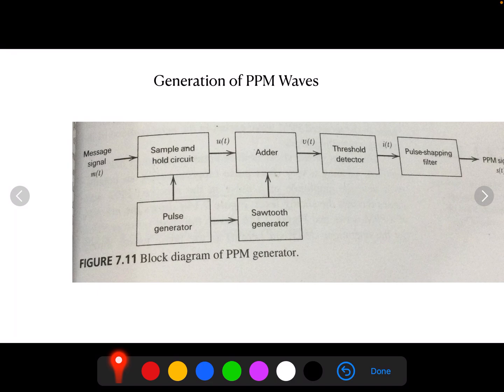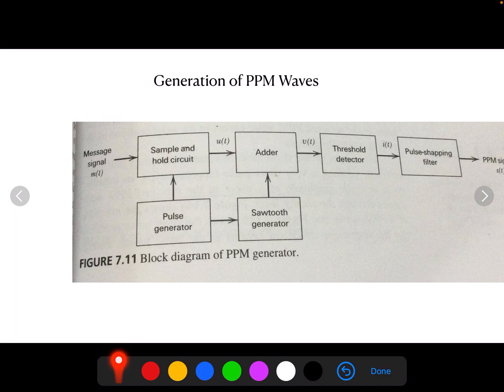The staircase approximation is added with a sawtooth generator. When these two are combined, you get a sawtooth which is varied in accordance with the amplitude of the staircase wave.